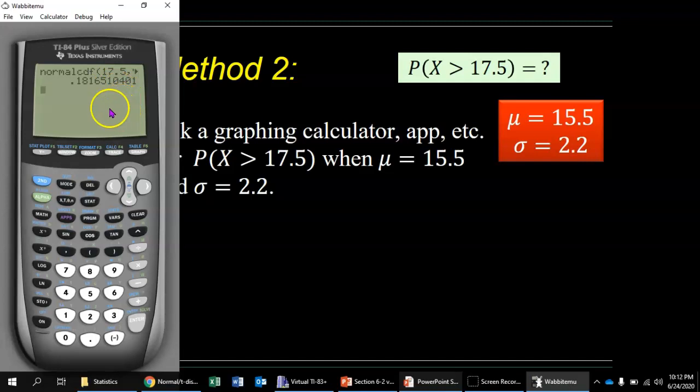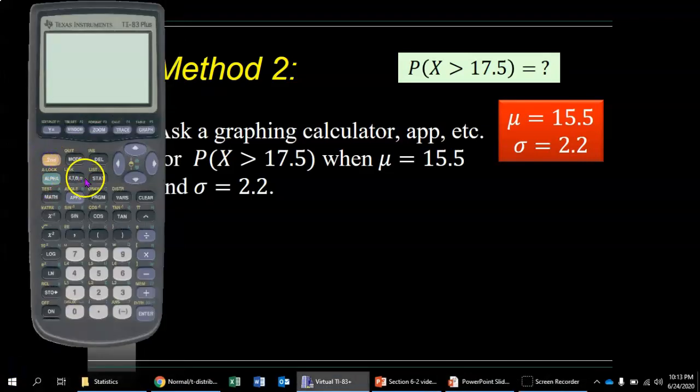And you may have noticed that's not exactly the same as what we got when we used the table. We got 0.1814 instead of 0.18165. And that's because when we used the table, we rounded that z from 0.90909090 to 0.91. So what the calculator gave us is slightly more precise, but they're so close that they're both close enough.